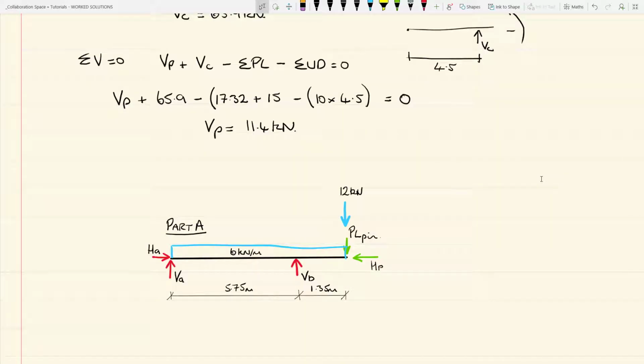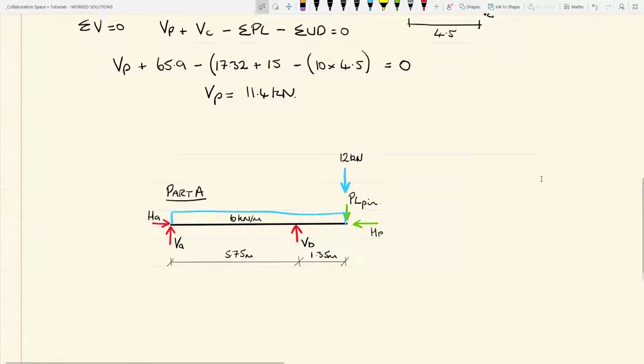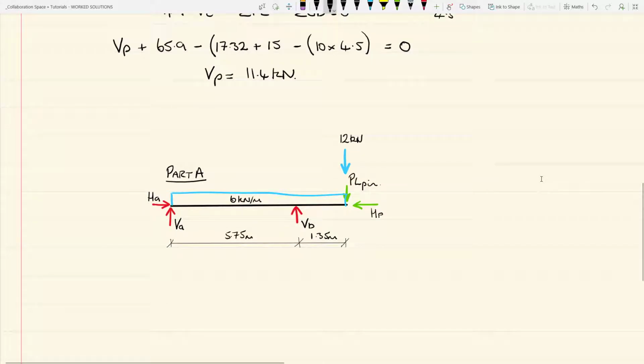We can now go on and consider part A of the beam. And we can say that PL at the pin, so the point load at the pin, that, if you recall, is equal to VP, and that equals 11.4 kilonewtons.